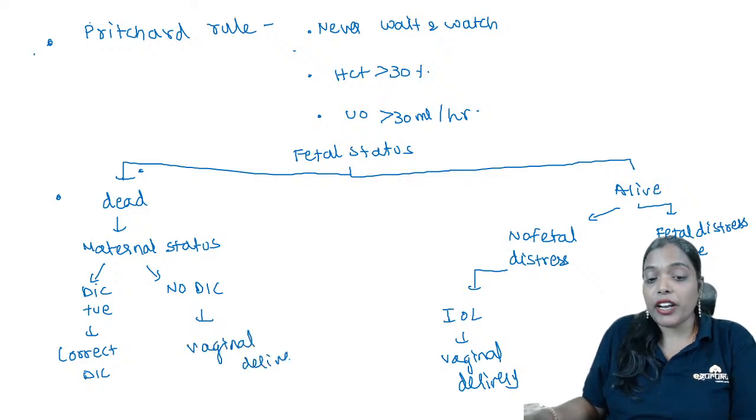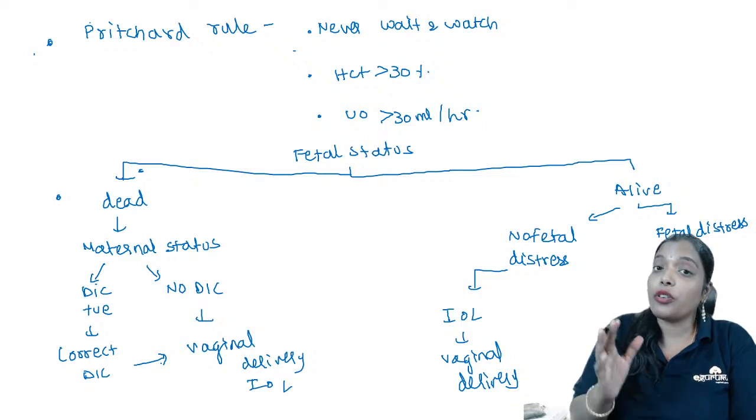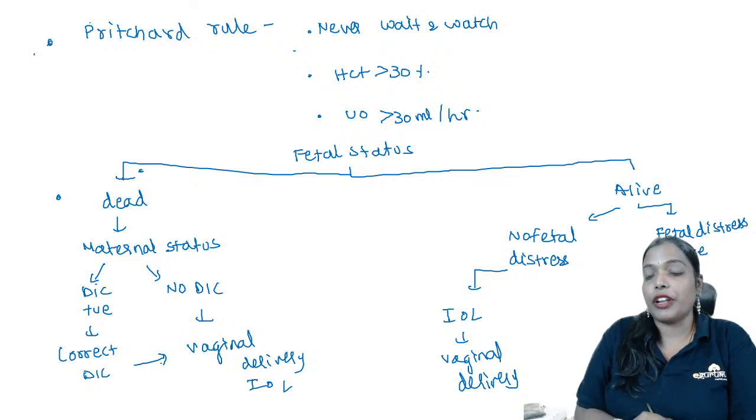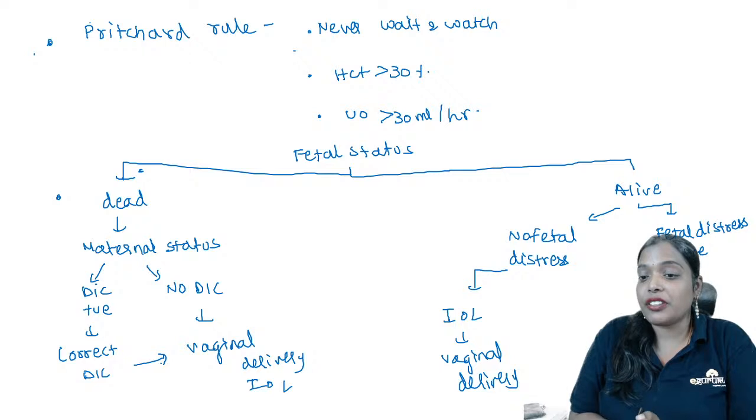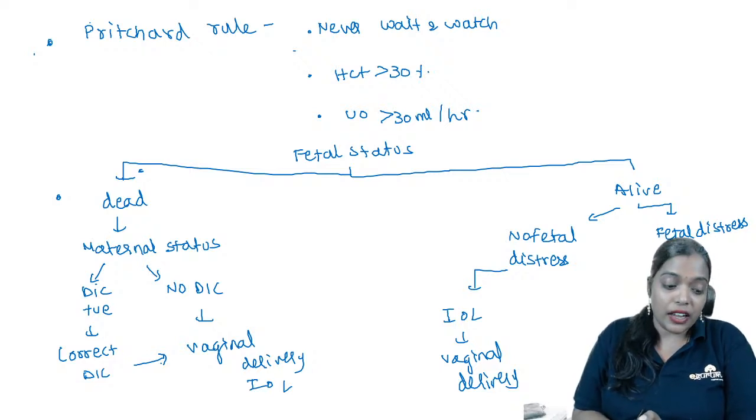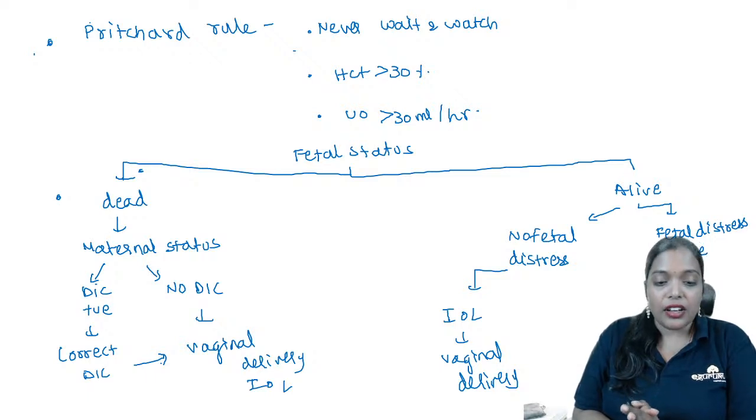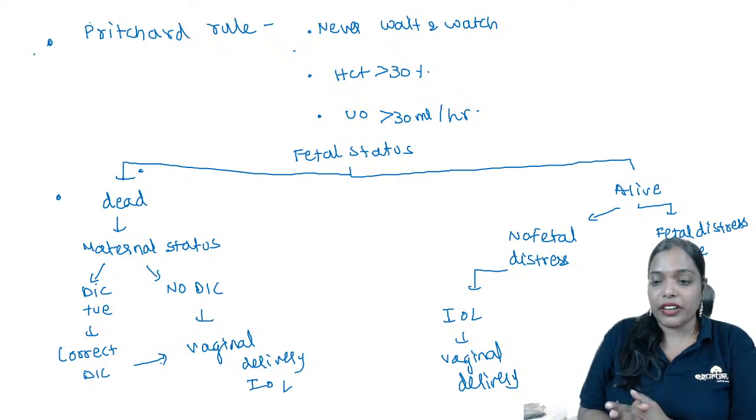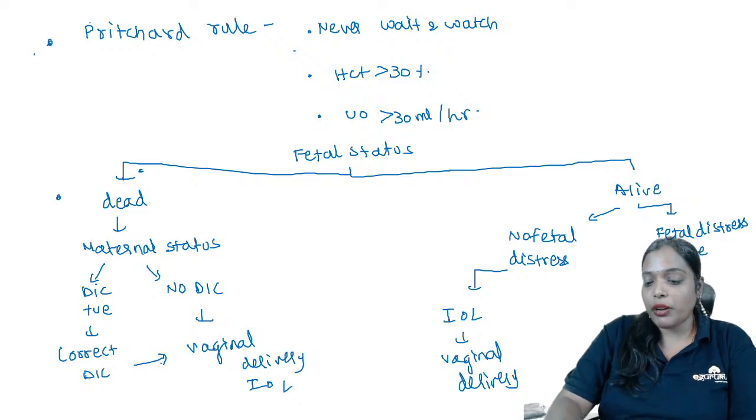So basically what I'm trying to tell you is when you have a patient with abruption, you will go for vaginal delivery by induction of labor. Only when there is fetal distress, only then you have to go for LSCS. Otherwise, you'll go for vaginal delivery, right? So this is in short about abruption.